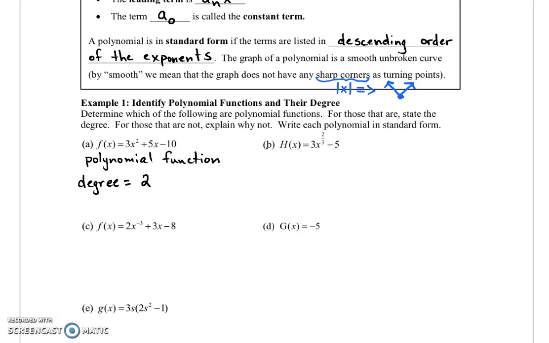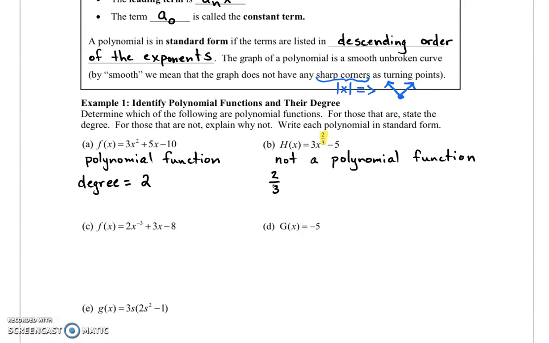Let's look at problem B. H of x equals 3x to the 2/3 minus 5. This is not a polynomial function. And that's because of the 2/3 exponent.